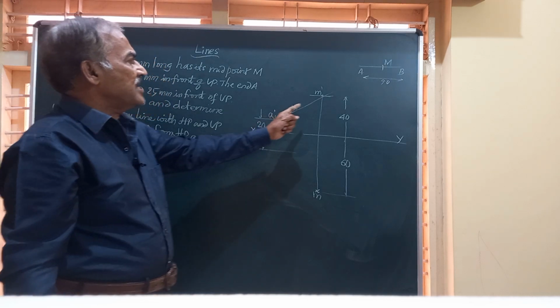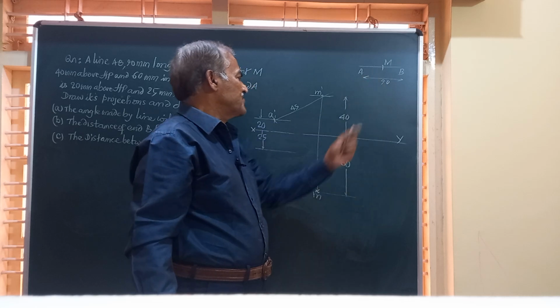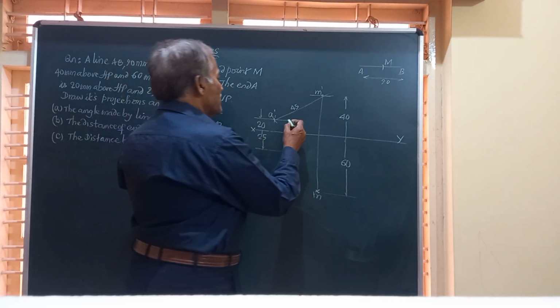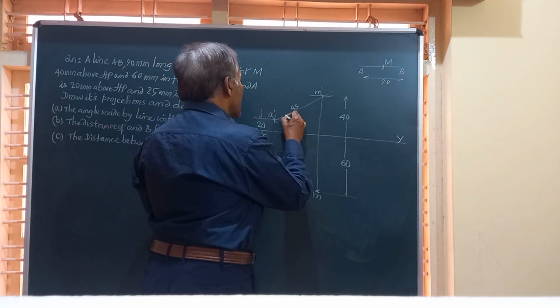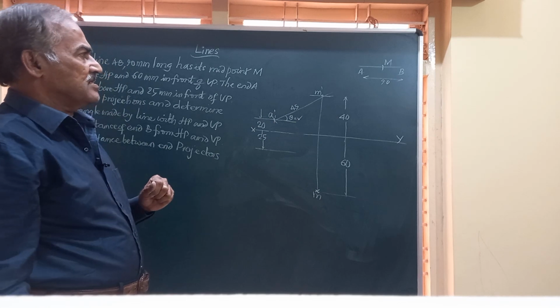Friends, A1 dash M dash is the true length of half of this line, and here I can say this is the angle made by the line with the HP, that is theta, and that can be obtained.